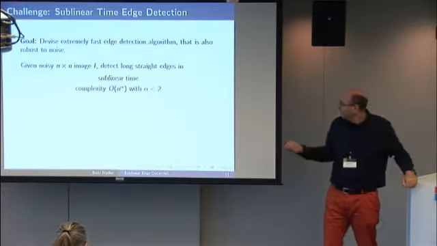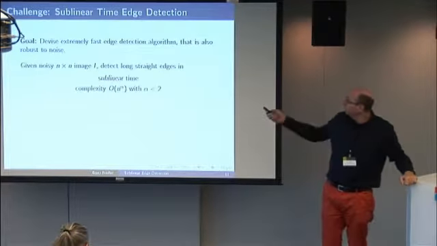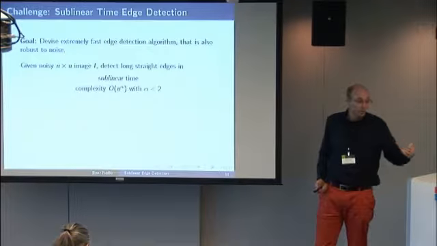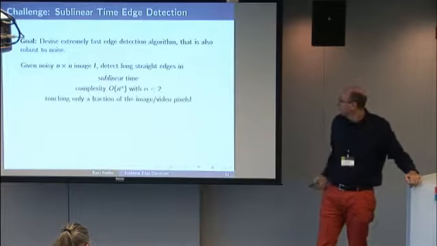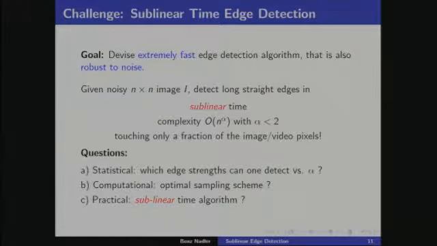And specifically in complexity which goes like n to the alpha, with alpha strictly smaller than 2. And once you formulate this type of problem, many questions arise. So one is statistical. What did you lose? You're not going to touch all of the data, so obviously you will lose something, and the question is exactly how much.